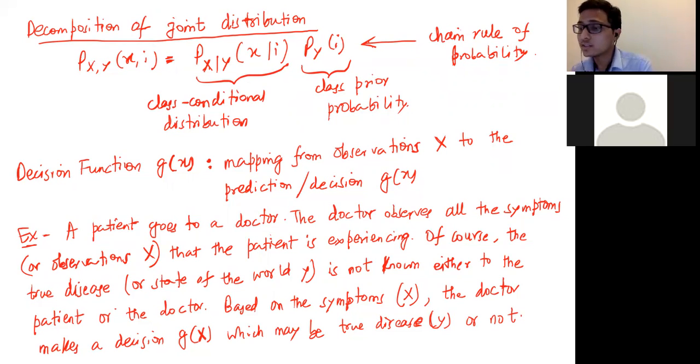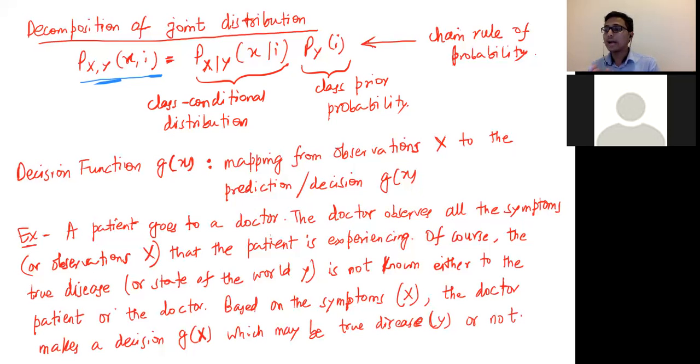As you can see here, we have the joint distribution, and we have broken it down into the class conditional distribution, which is, given the class i, the probability that the observation random variable capital X takes the value small x, multiplied by the probability of your classes or your state of the world.